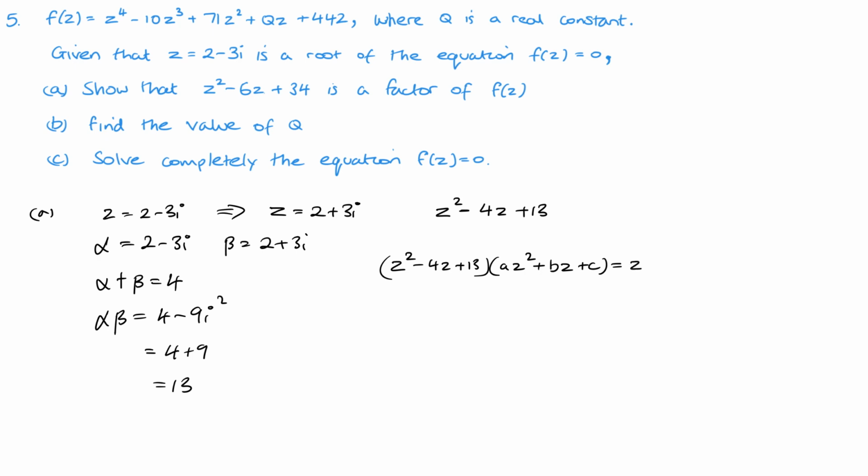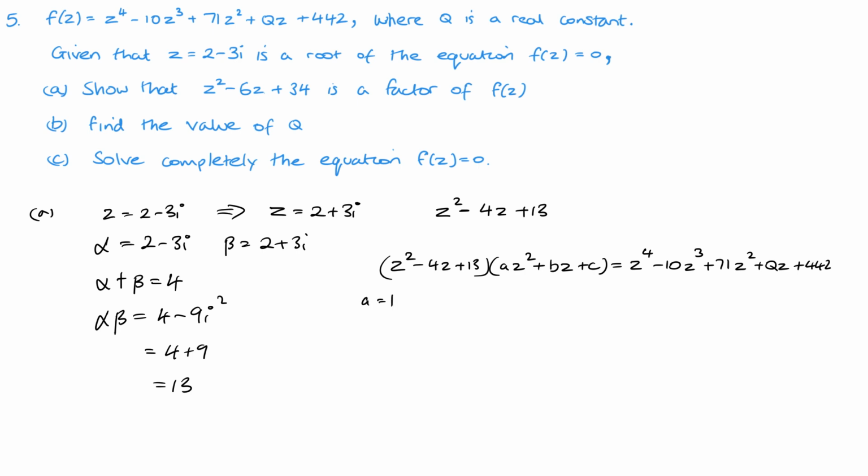And that, of course, is z to the power 4 minus 10z cubed plus 71z squared plus qz plus 442. So what we really want to do here is find our a, b and c, and then we can go on and find q.